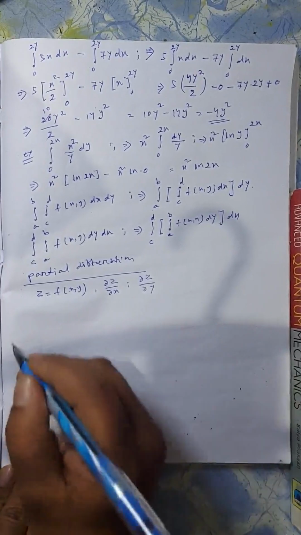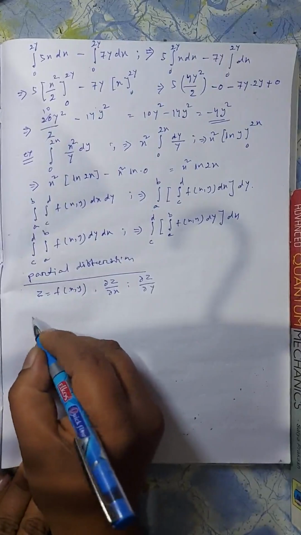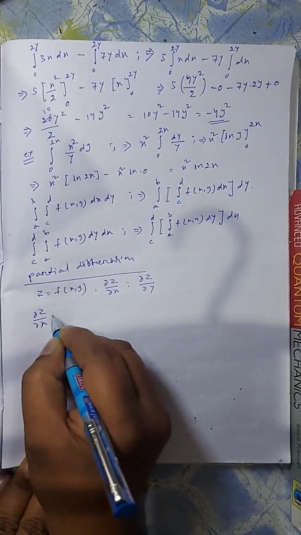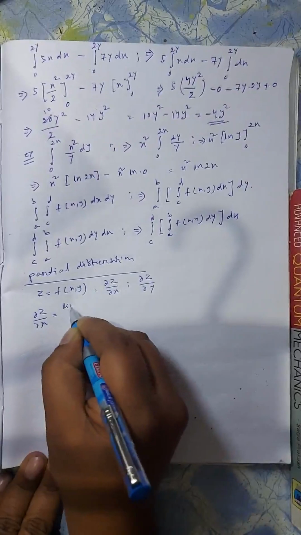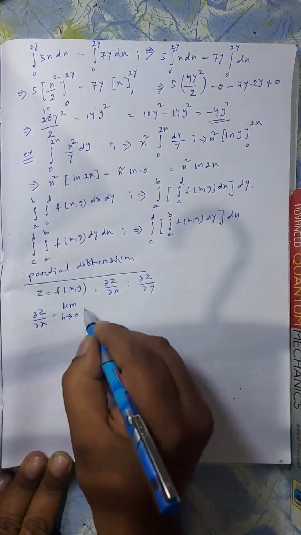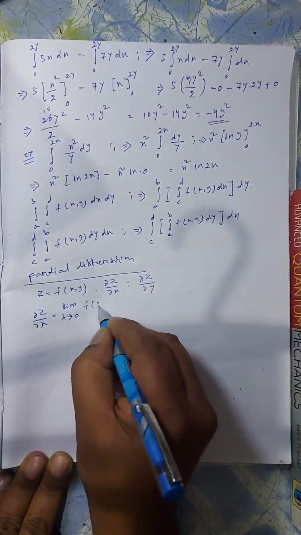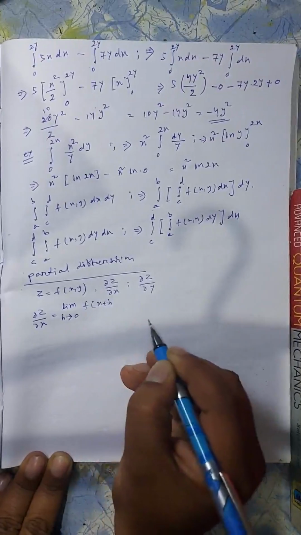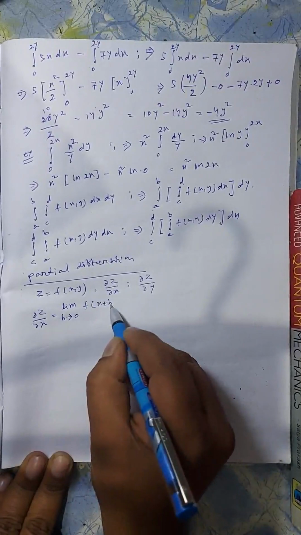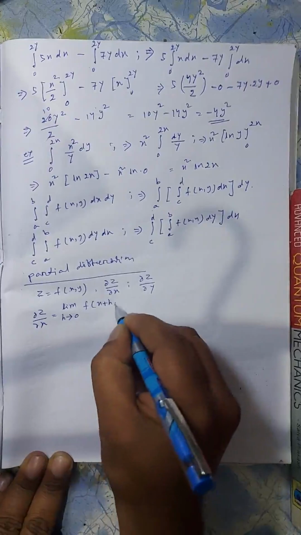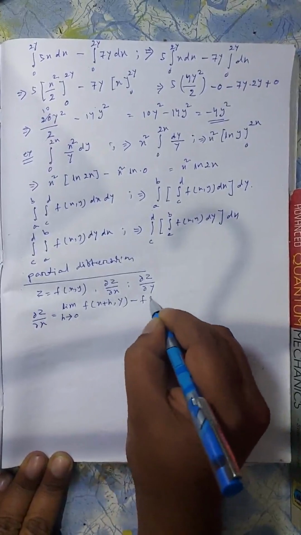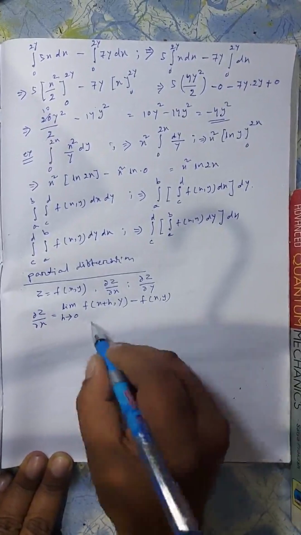We know that the coefficient will come. Now the coefficient for dou z by dou x is equal to limit, suppose h tends to 0. How do we write? Now f of x plus h, because we differentiate with respect to x, so we add something, with y kept constant, minus, we have to subtract whatever the function is.